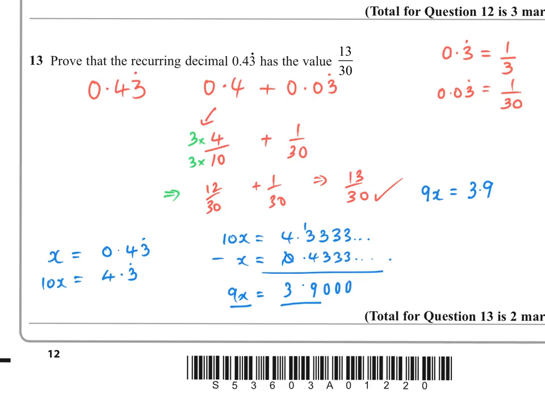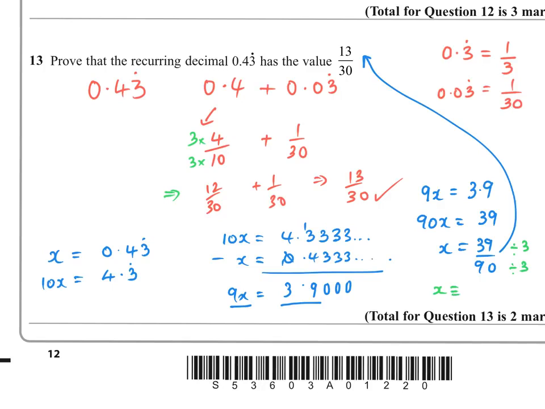So that would mean that 90x would be 39. So x would be 39 out of 90. And we can show that that is the same as 13/30 because we could just have divided top and bottom by 3. So that would be the same as 13/30. I'm sure some of you have got some other ways as well, but there's 2 ways for you.